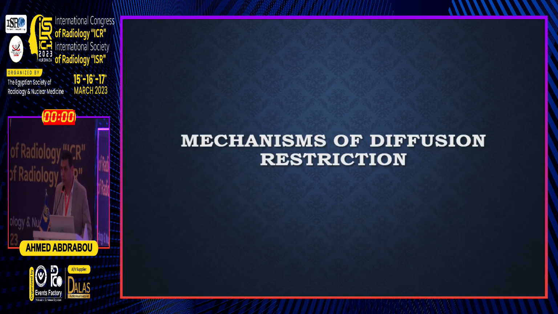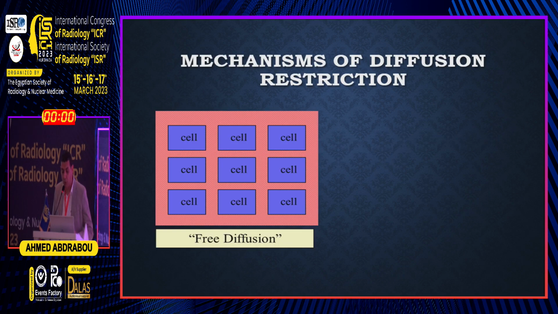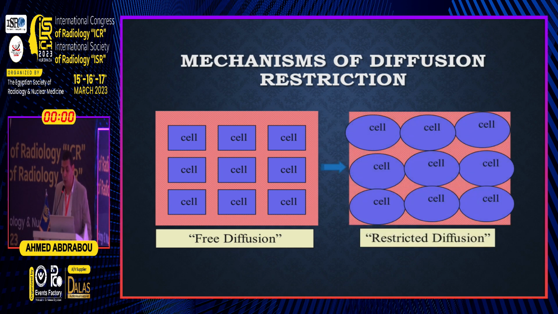So what is the mechanism of diffusion restriction? We have cells and we have extracellular spaces, okay? If the cells balloon and enlarge, it will cause a restriction of the extracellular space, and this causes diffusion restriction. You can fill the extracellular space by increasing the size of the cell itself.